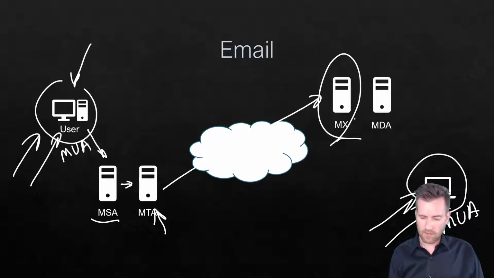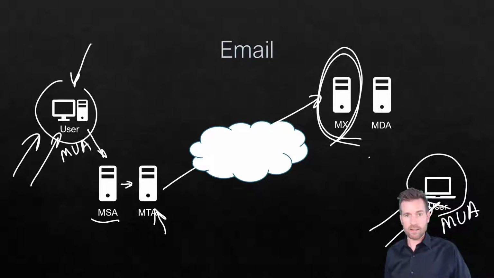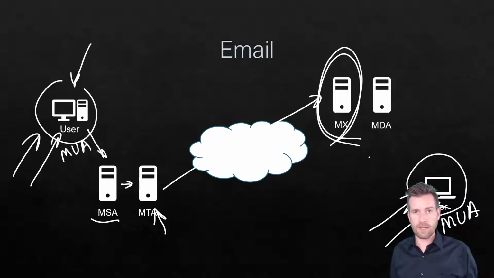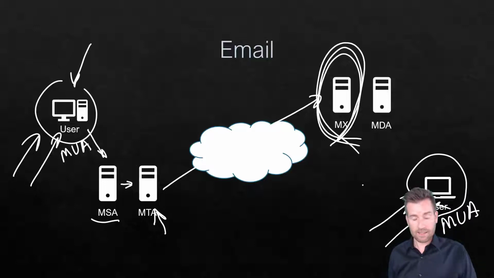This is what's called a mail exchanger. The mail exchanger is what accepts mail on behalf of a domain. So in this case, this mail exchanger is accepting mail for the domain that this user is a part of.